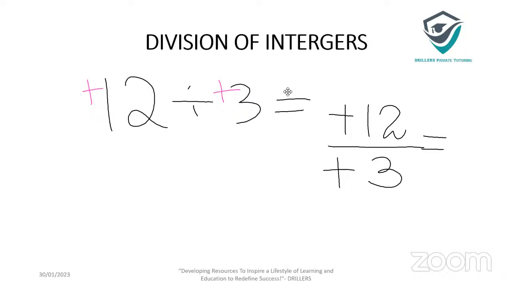So we have +12 over +3. Same sign, our answer is going to be positive. 12 divided by 3 is 4.